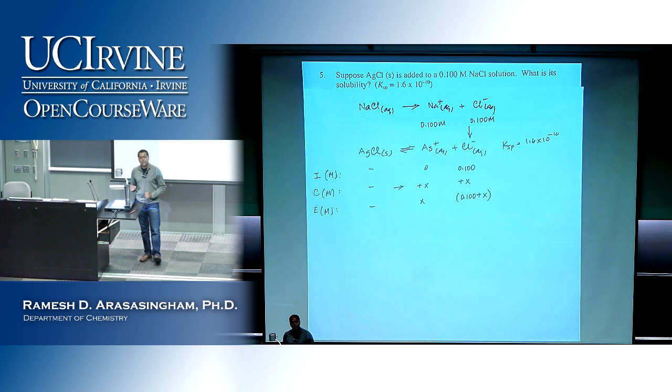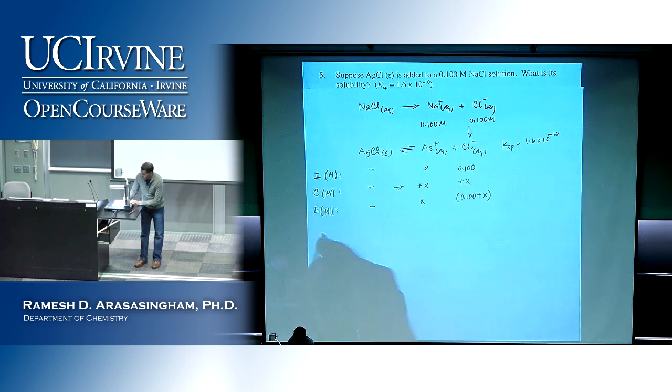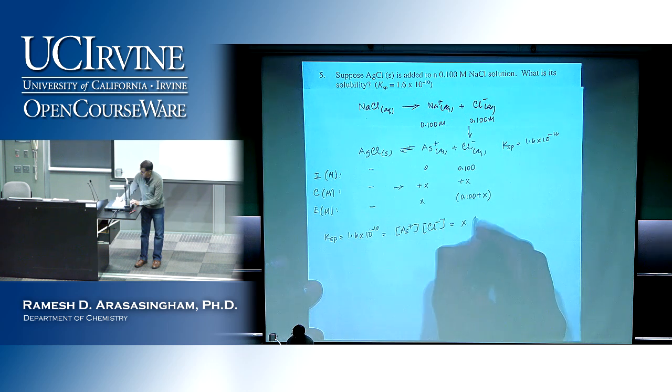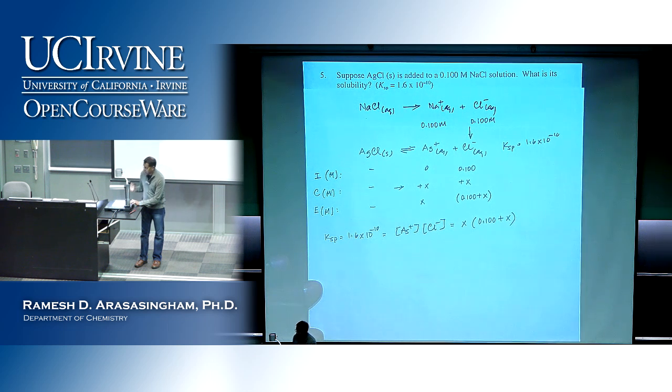Now we need to solve for X. Ksp is 1.6 times 10 to the negative 10, and that equals the silver ion concentration times the chloride ion concentration, which is X times 0.1 plus X. At this point, we ask ourselves, can we make an approximation?